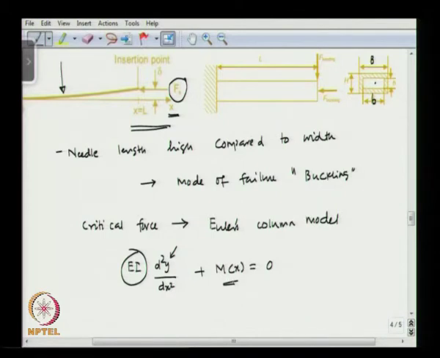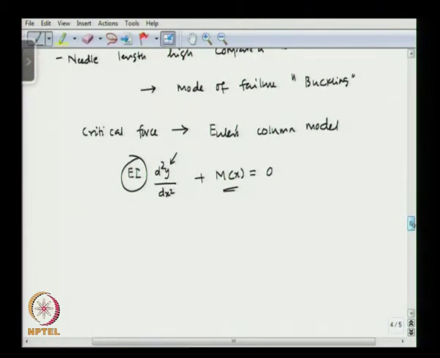That is the Euler's column model, and with a slight deflection delta at x equal to L, which is the end of the cantilever, the bending moment M can be written as minus F into delta minus y, at a particular x.